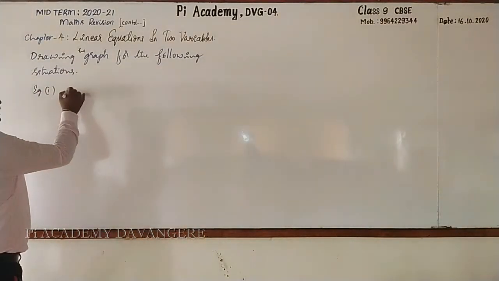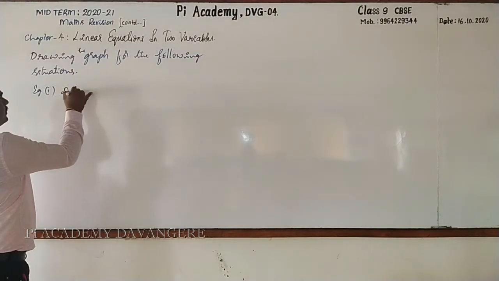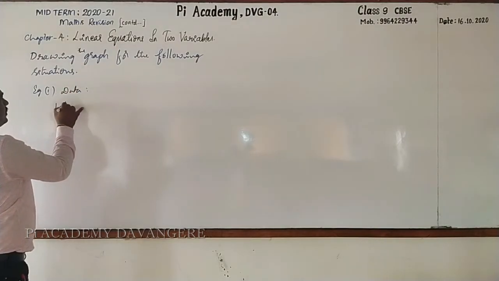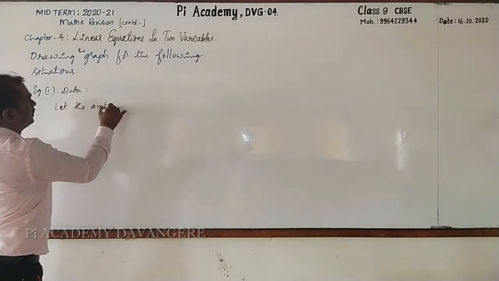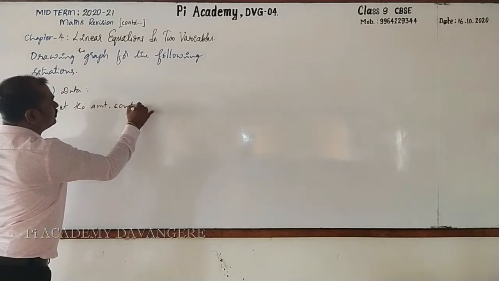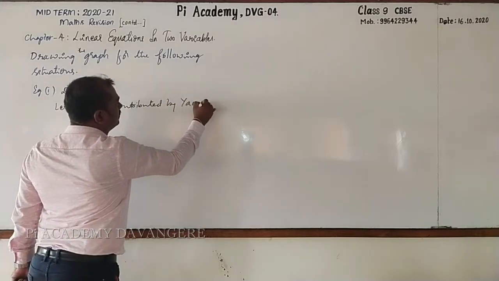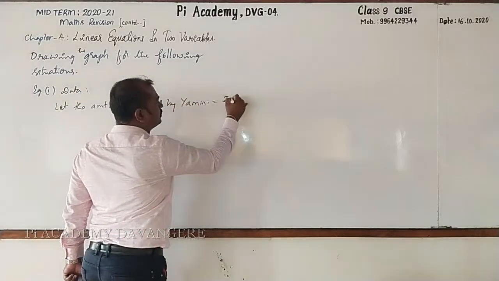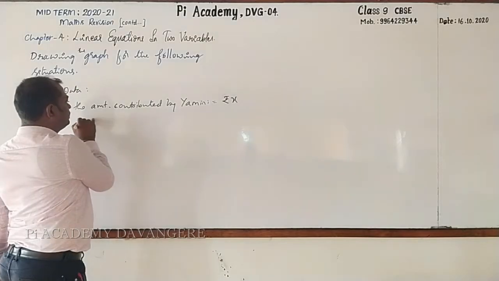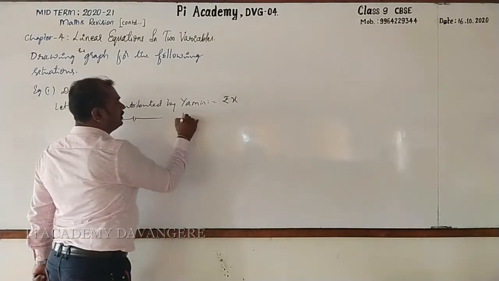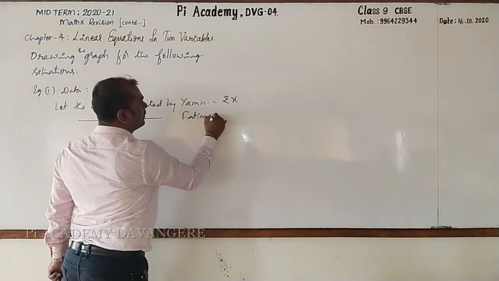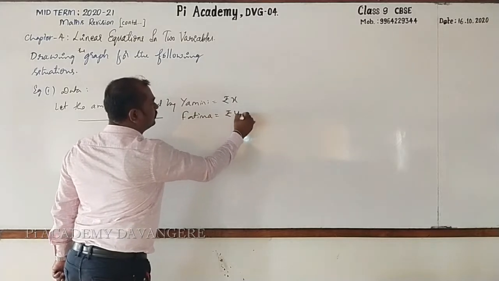You can go for assuming that, let the amount contributed by Yamini be rupees X. And similarly, the amount contributed by Fatima, you may call this as Y.